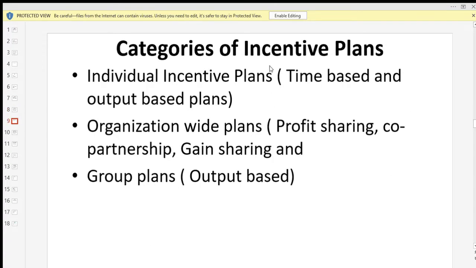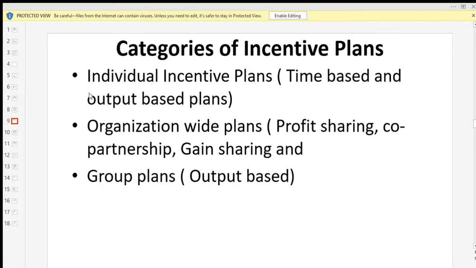Then we have the categories of incentive plans. The three categories of incentive plans are individual incentive plans, which are time-based and output-based plans; then organization-wide plans, where we have profit sharing, co-partnership, and gain sharing; and lastly group plans, which are output-based.